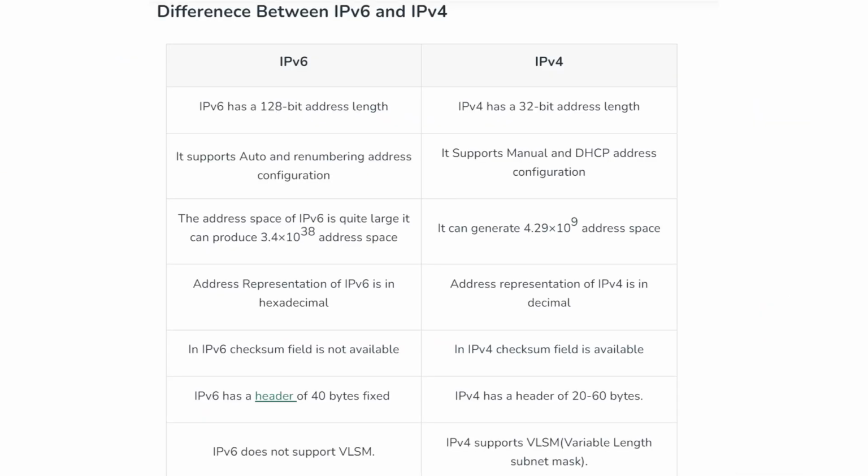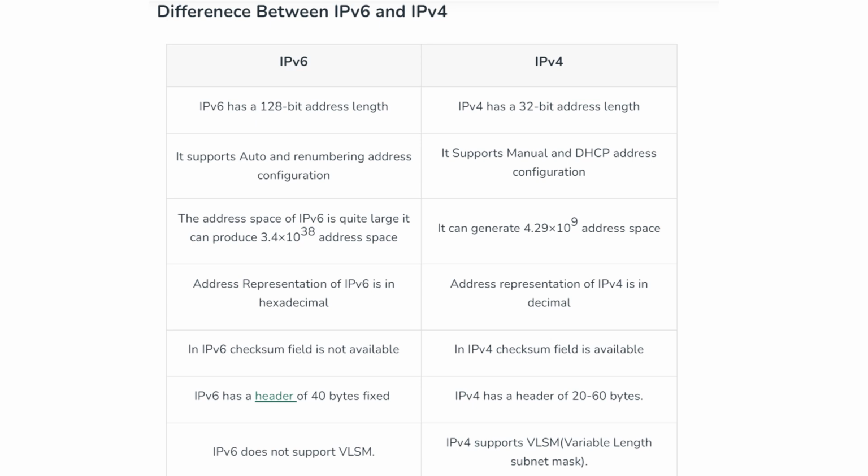All the techniques like classes, subnetting, and NAT have been introduced because of the limitations of IPv4. It cannot exceed the limit on the number of IP addresses. Okay, so a new version of IP has been introduced, that is IPv6, IP version 6.